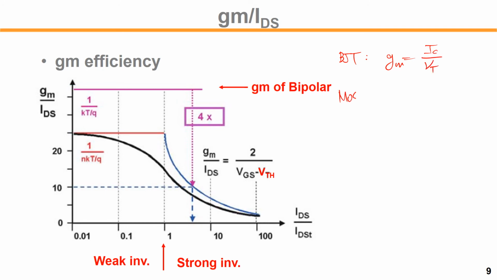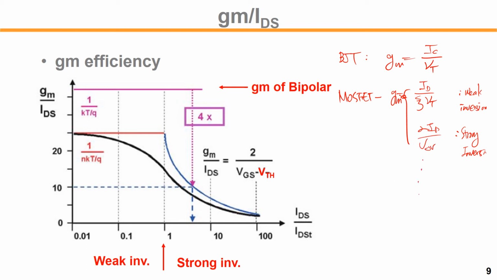In the MOSFET, it depends on the operation region. In weak inversion, we have gm equal to ID over n VT. In strong inversion, we have 2 ID over V overdrive.